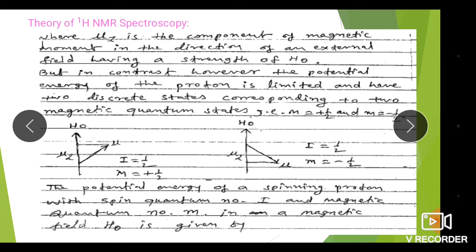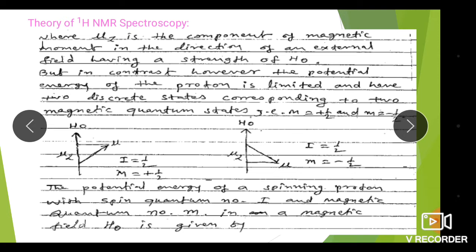But in contrast, the potential energy of the proton is limited and has two discrete states corresponding to two magnetic quantum states, that is m plus half and m minus half. Then we have the limited potential energy depending upon m, the magnetic quantum number, plus half and minus half.